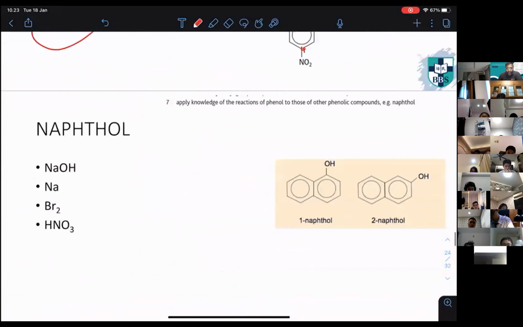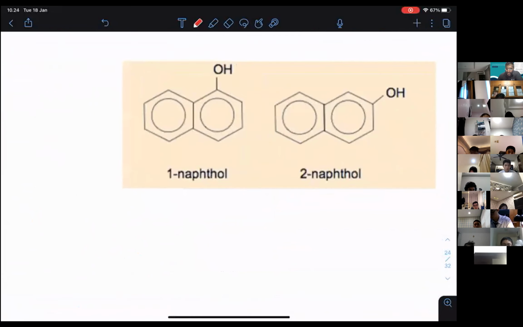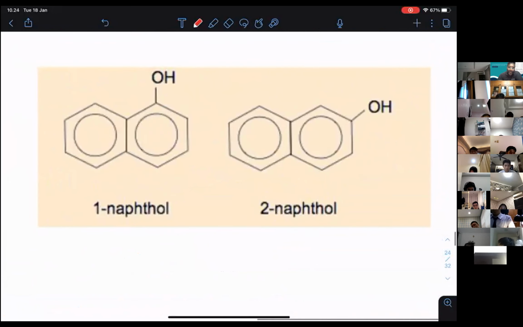Now, in your syllabus, they want you to apply the knowledge of reactions of phenol to other phenolic compounds like naphthol. This is something new, not found in your textbook also. So this one, naphthol. There are two types of naphthol. Phenol, we know, has the one OH.